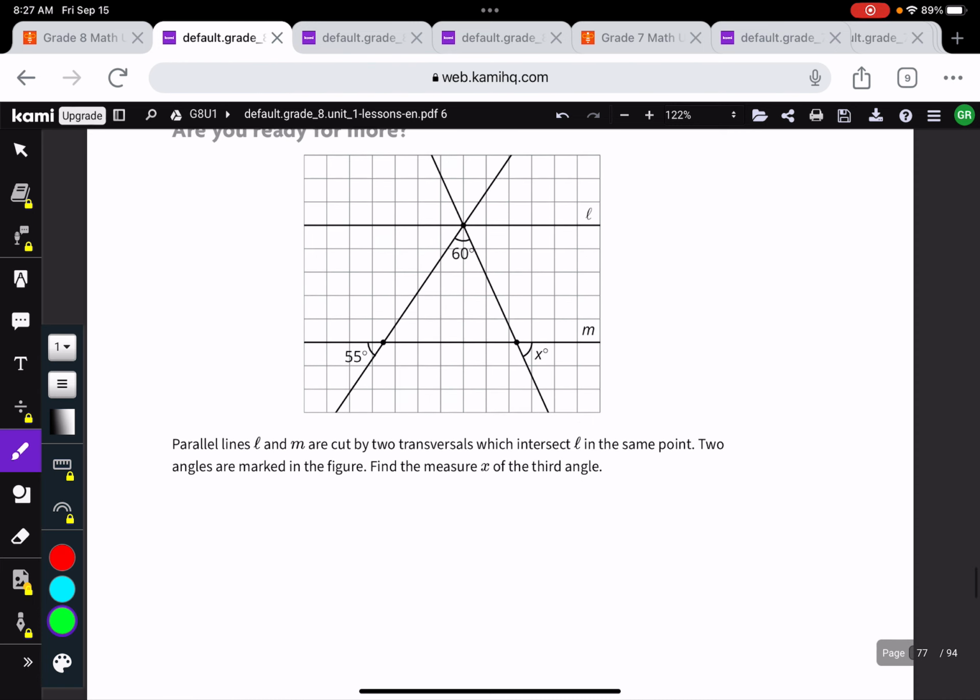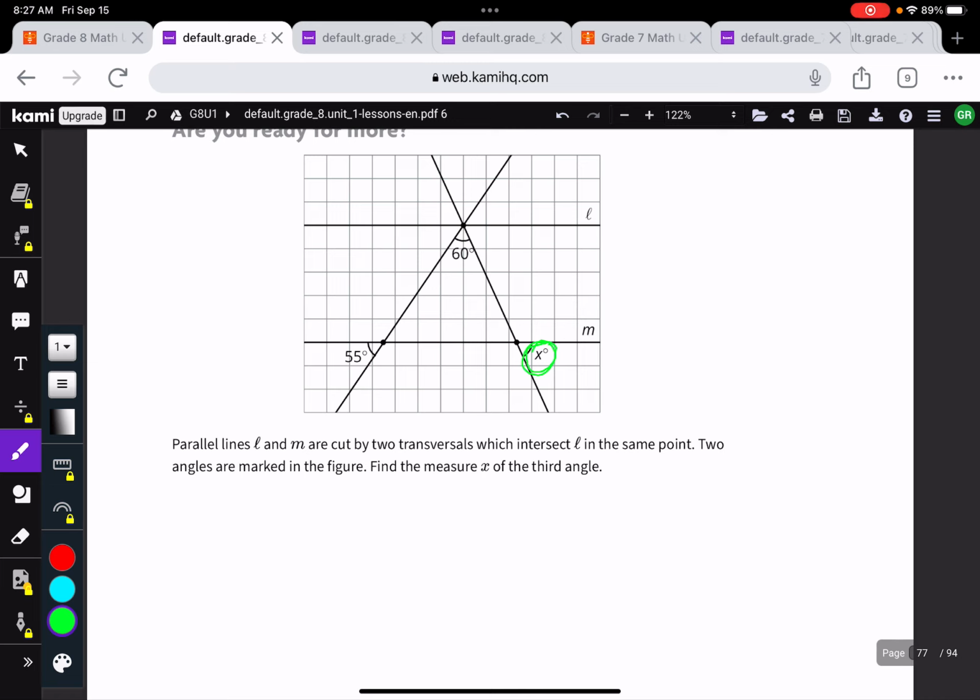This is a good, are you ready for more? Question saying, what is this angle? Very, very doable. There's one key piece of information you need to know about a triangle.